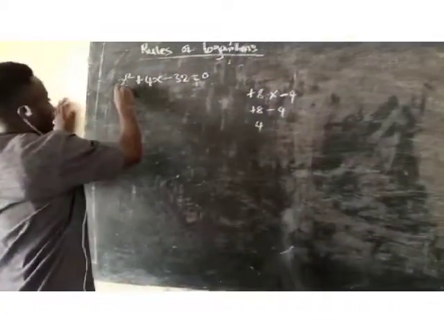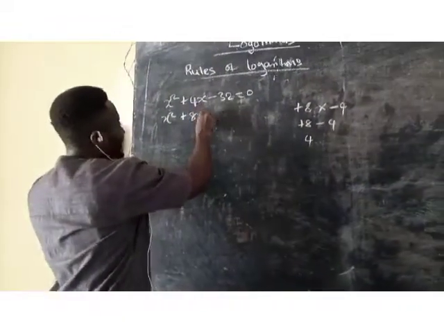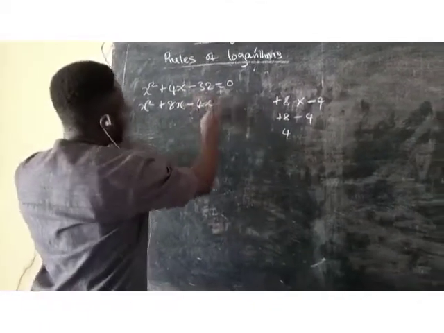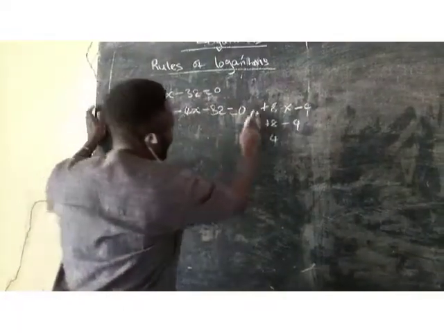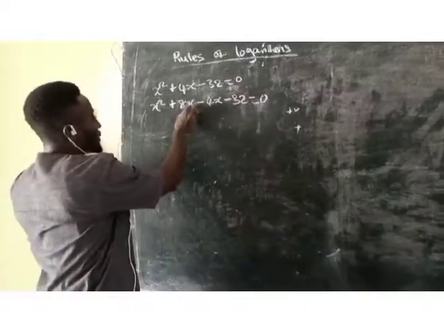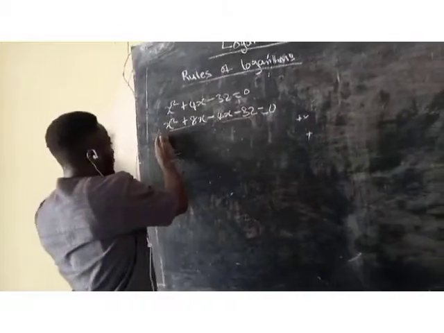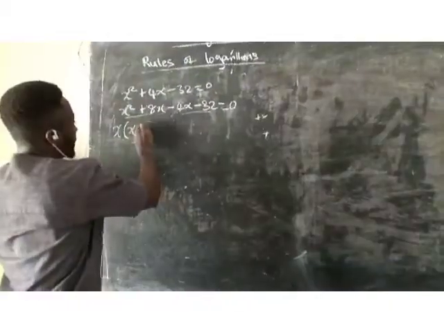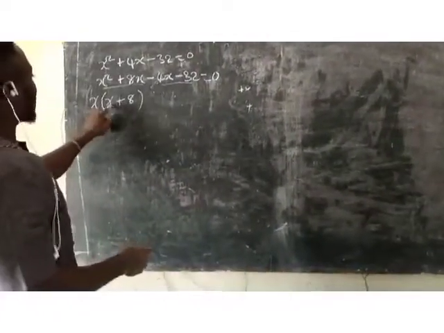So from here, we have our x squared plus 8x minus 4x minus 32 is equal to 0. To simplify this, what is common between the two? You say x into x plus 8. We say x here because when you multiply x like this, it will give you x squared.